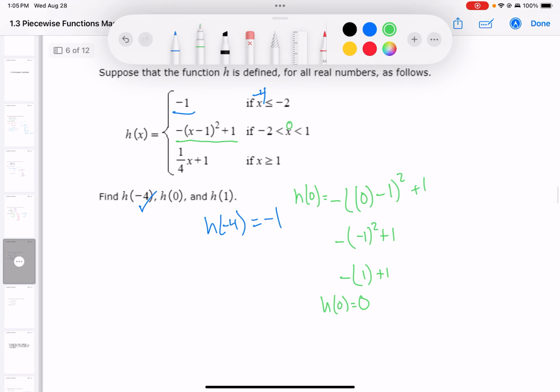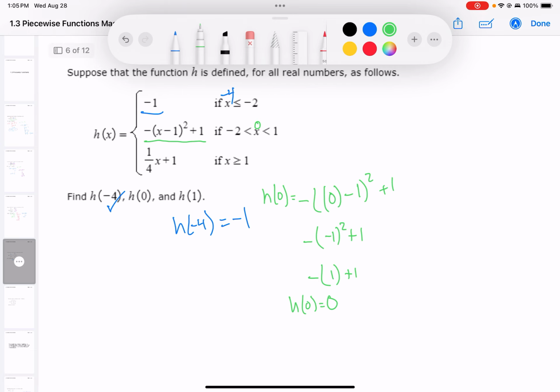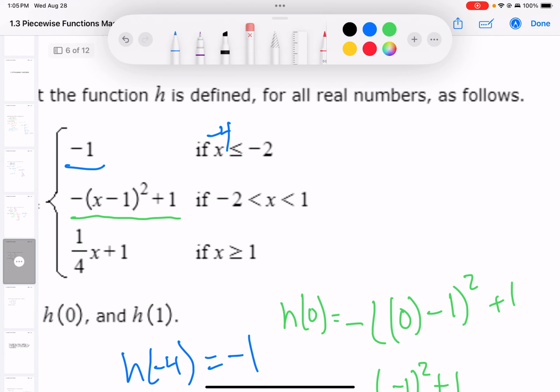And then let's get a different color. I'm going to plug in a 1. So let's plug it in right here. If I plug in a 1, well, -2 is less than 1, which is less than 1. The first part's true, but the second part is not, because 1 is not less than 1. 1 is equal to 1.